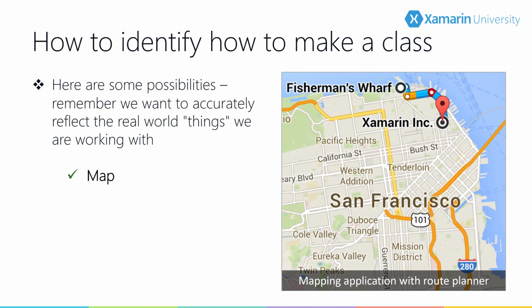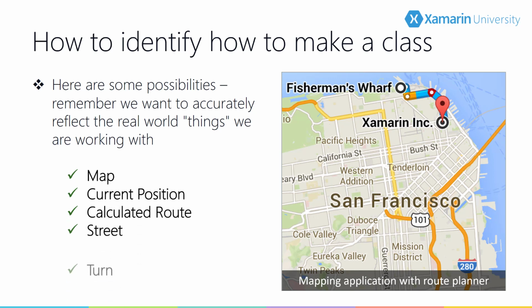Maybe there'll be a class to represent the map. Maybe there'll be a class to represent our current position, or a position in general. A class to represent a route, to represent the details of a street, a turn. These are all possible things that we may be working with in our problem domain, and those things can translate into objects or classes.